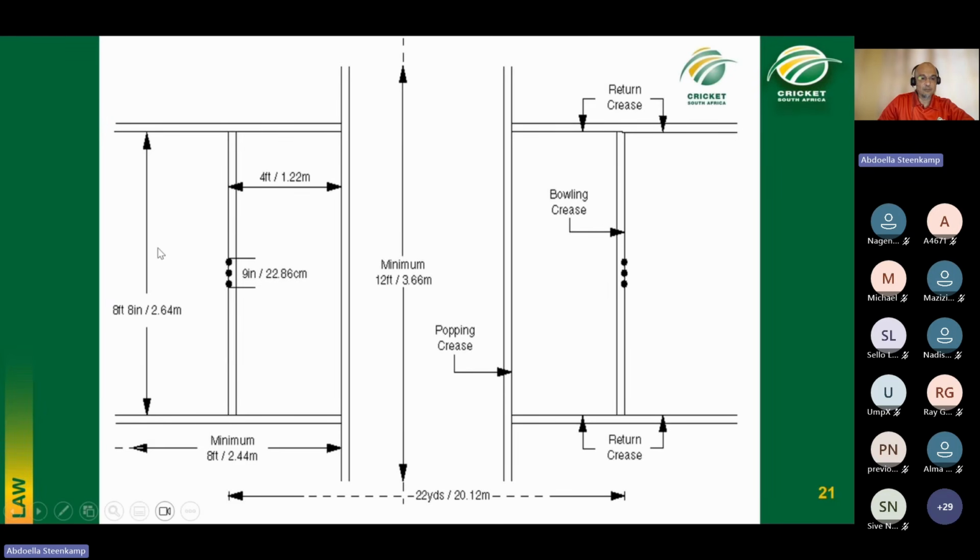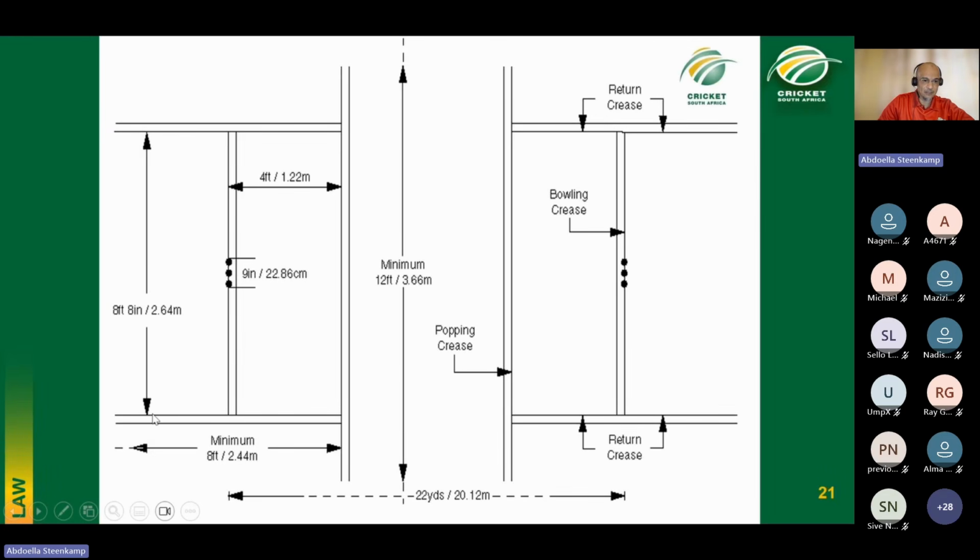And then lastly, in terms of the creases, there's the bowling crease. And here there is an exact measurement for the bowling crease. And that exact measurement is 2.64 meters. And it's measured from, if you can see where the arrow is pointing, the inside edge of the one return crease. That's where you'll put the one end of your measuring tape.